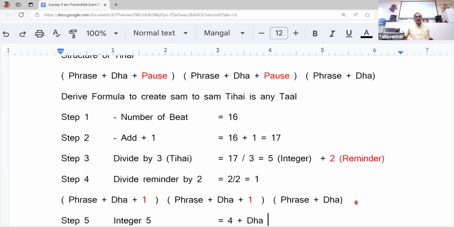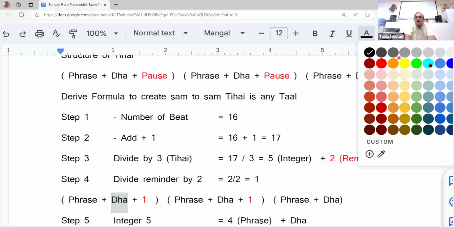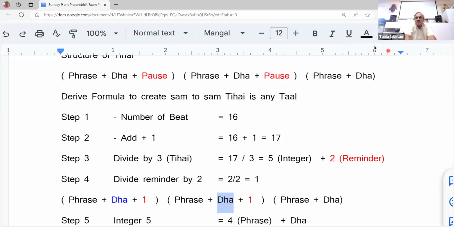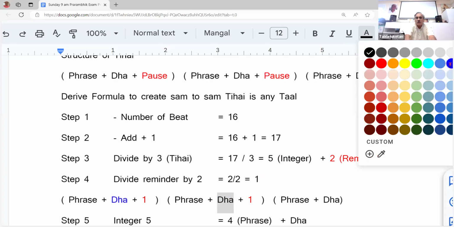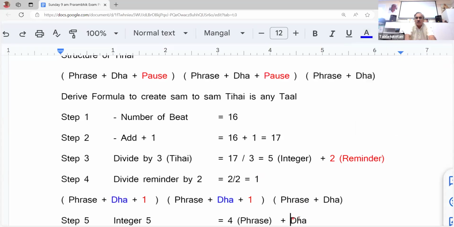So 4 is your phrase and dha is your fifth. Now we have consumed dha here, so I'm putting dha in a different color.